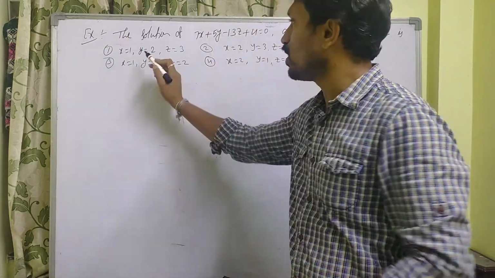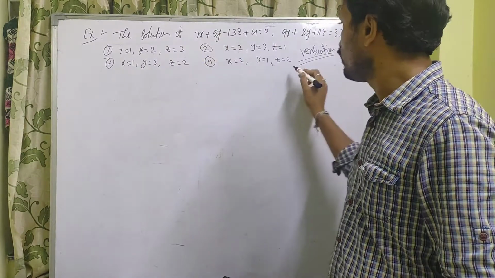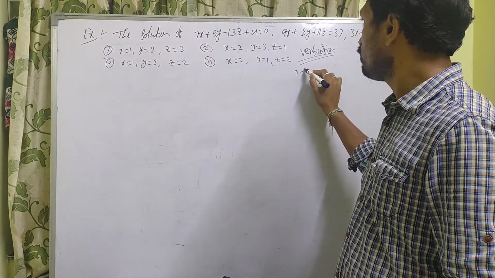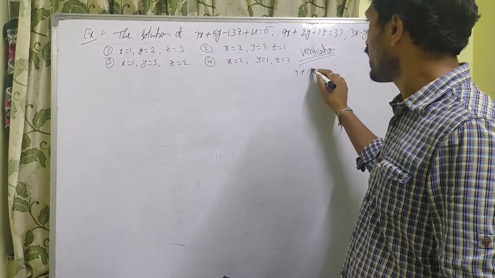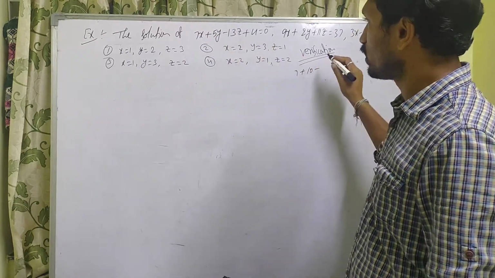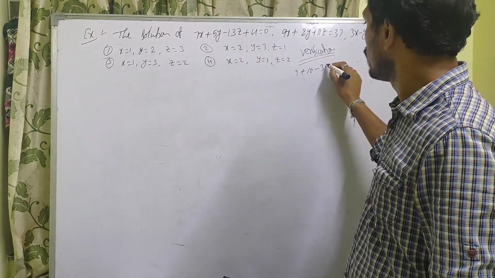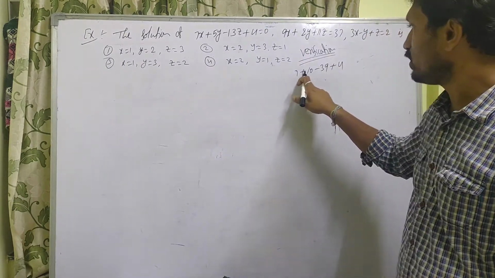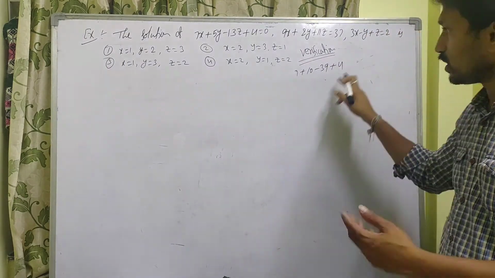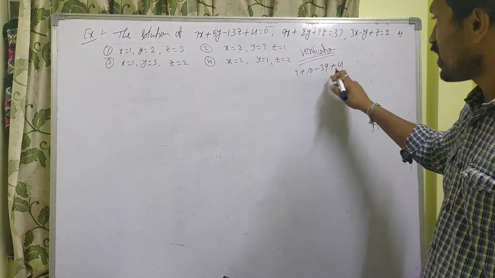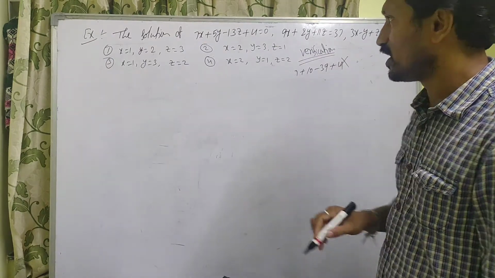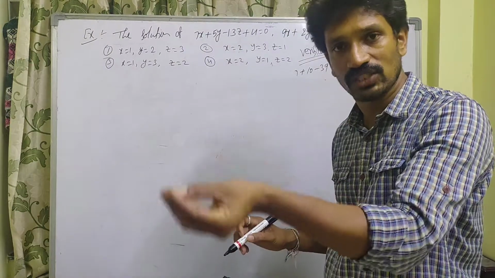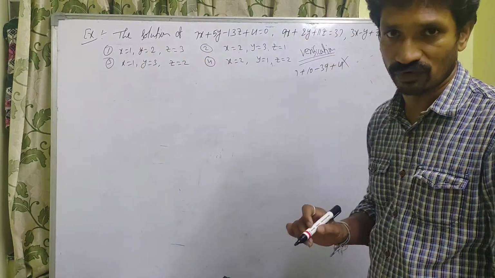Take x, y, z is equal to 1, 2, 3, substitute here. First equation: 7 plus 5 2s are 10 minus 13 3s are 39 plus 4. 7 plus 10, 17 plus 4, that is 21 minus 39, that is not satisfied.